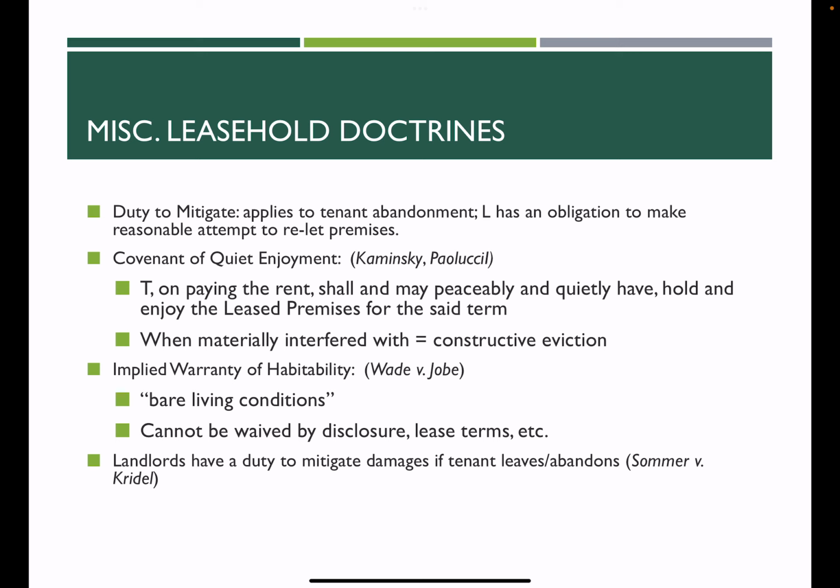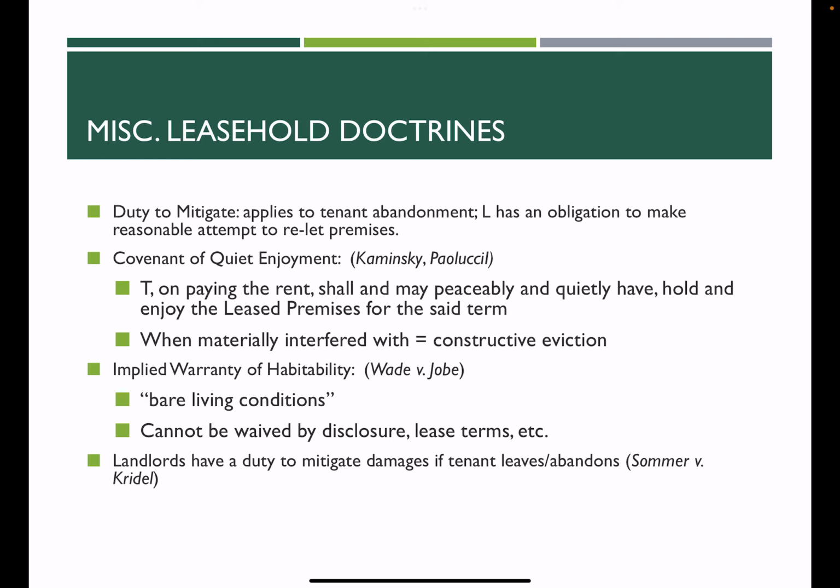So one view of this, which was the one covered in the Wade v. Job case, is that you look at code violations to see if there's been a violation of the implied warranty of habitability. And the main thing to consider is that minor violations are not sufficient by themselves to establish this. An alternate view, though, is just health and safety.